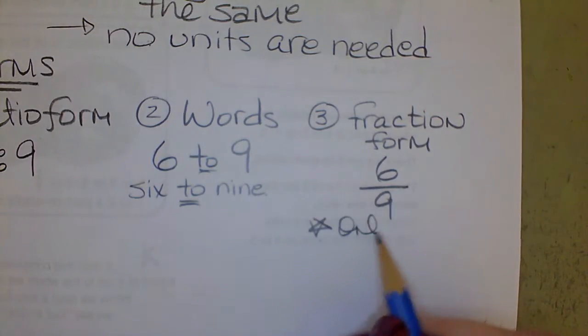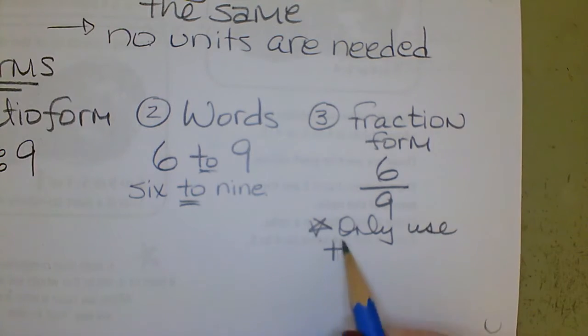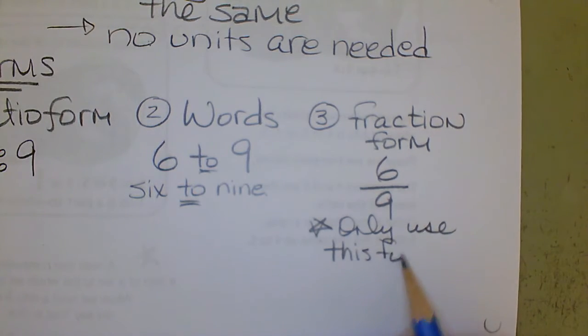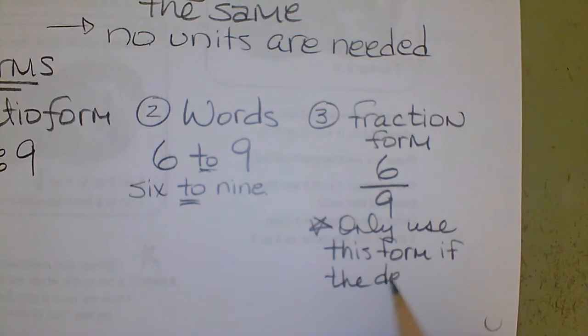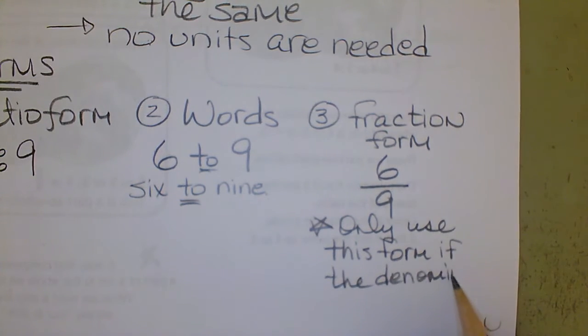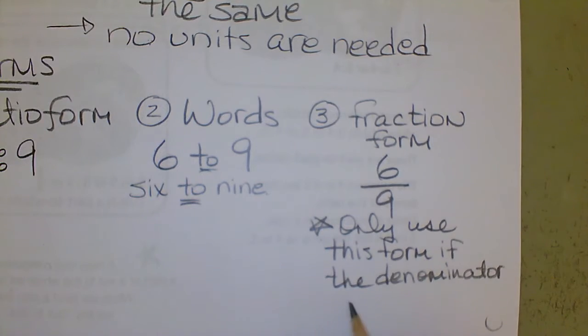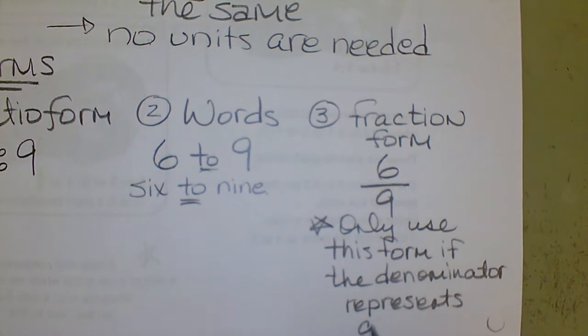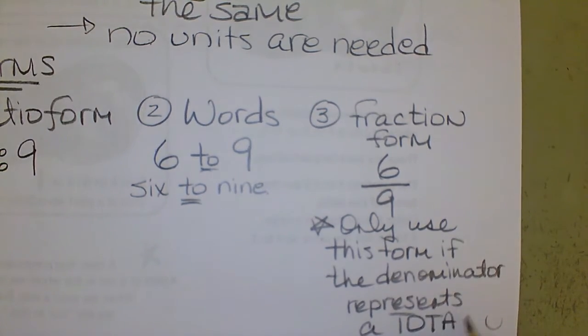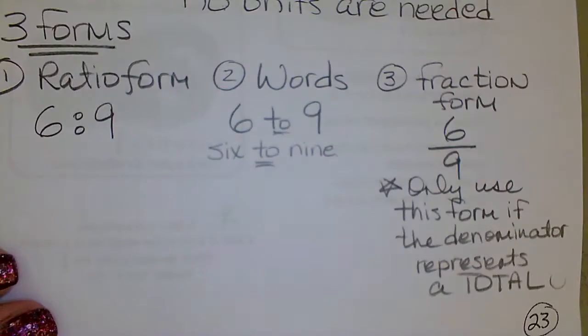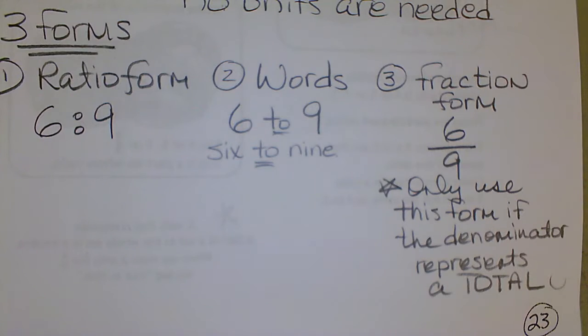You only use this form if the denominator represents a total. So in this case, there was 9 birds.